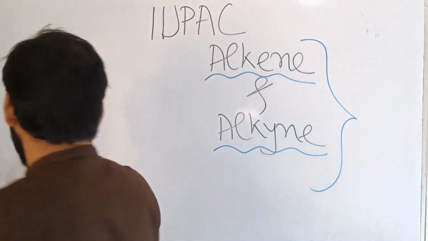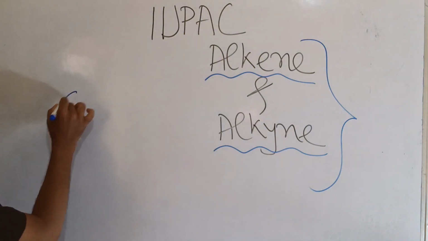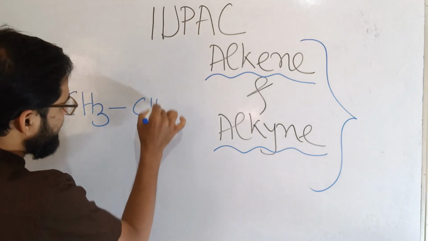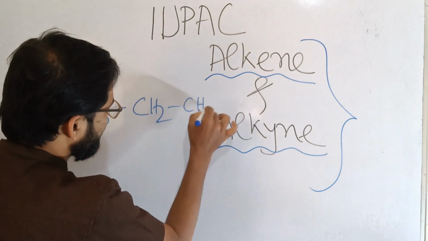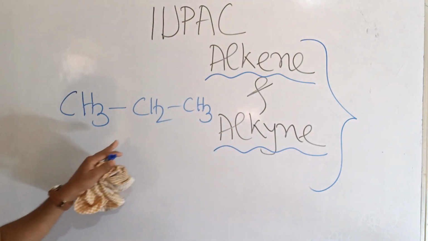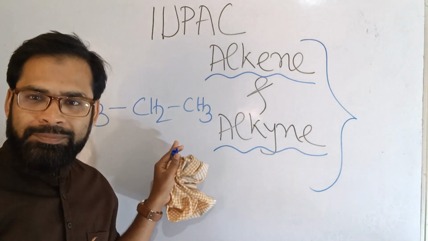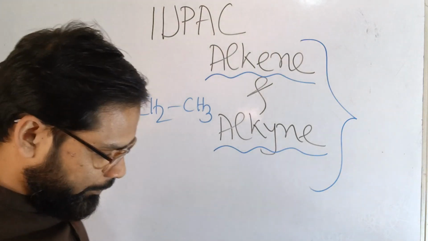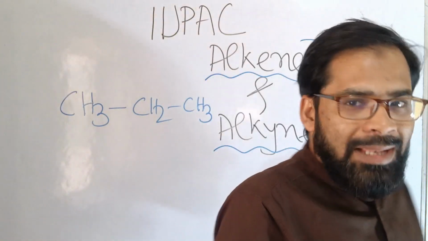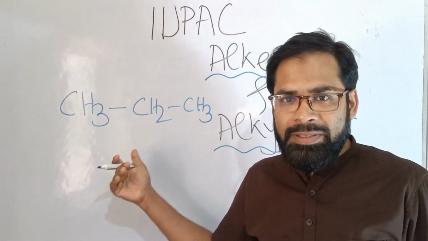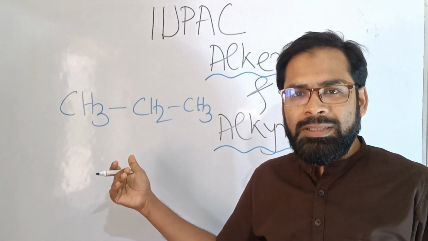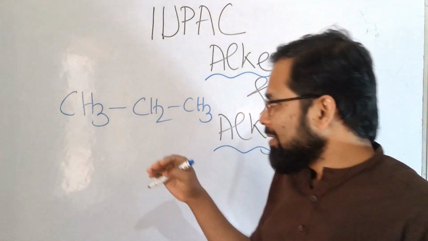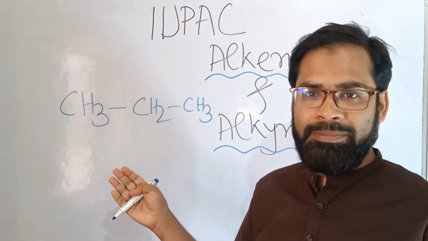Let's say alkane here, CH3 CH2 CH3. This is alkane because here is a carbon carbon single bond, and alkanes are also called paraffins. Why? Paraffins means little reactive.